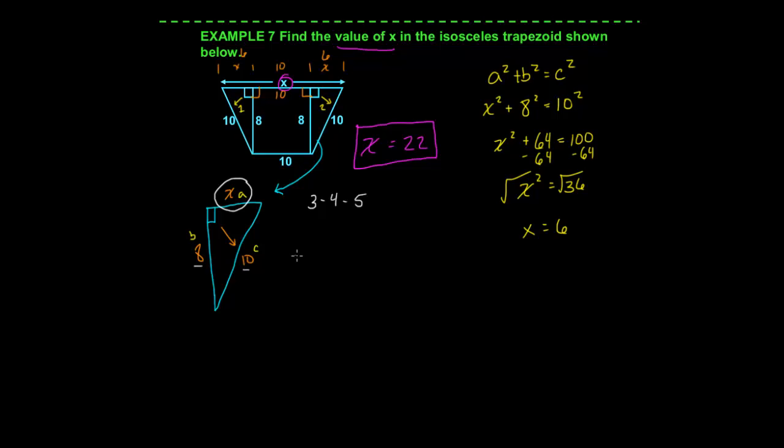So therefore, we know we've got our two sides of a triangle, with the largest side being our hypotenuse, that if you multiply 4 times 2, you get the 8. 5 times 2 is 10. 3 times 2 gets you our 6. We can take this with any of these real quickly.